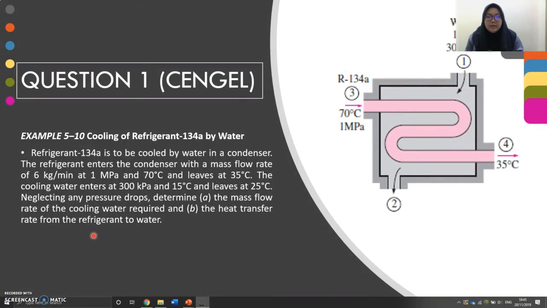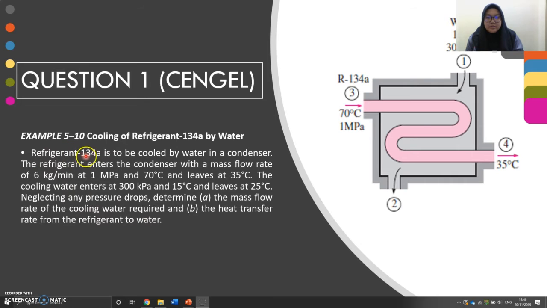So today we would like to present a question related to heat exchanger. Question 1 is from the Cengel book. Example 5-10, cooling of refrigerant 134a by water. So here is the question.